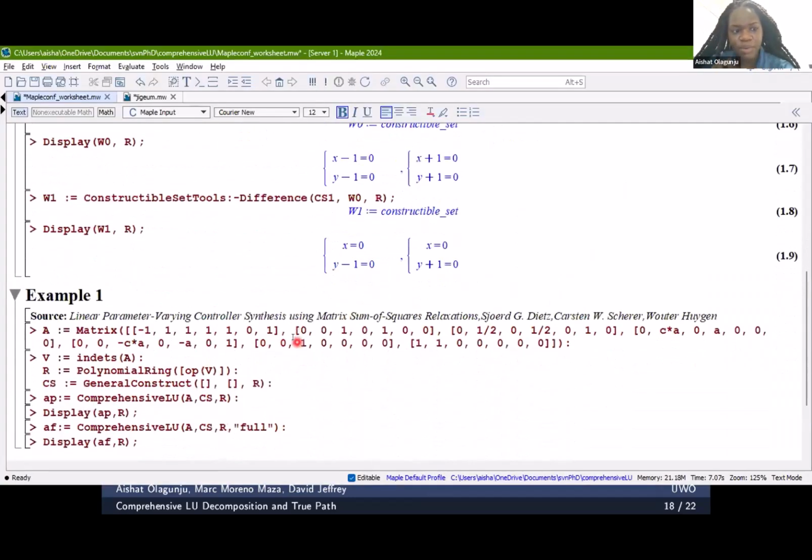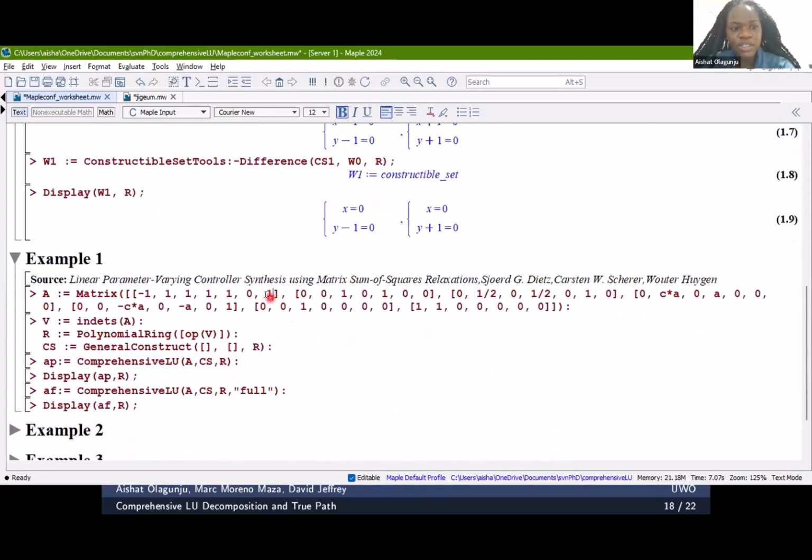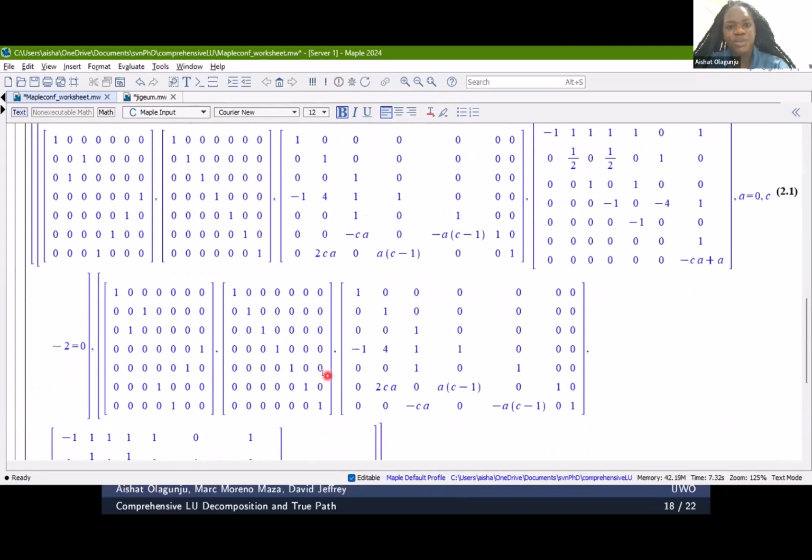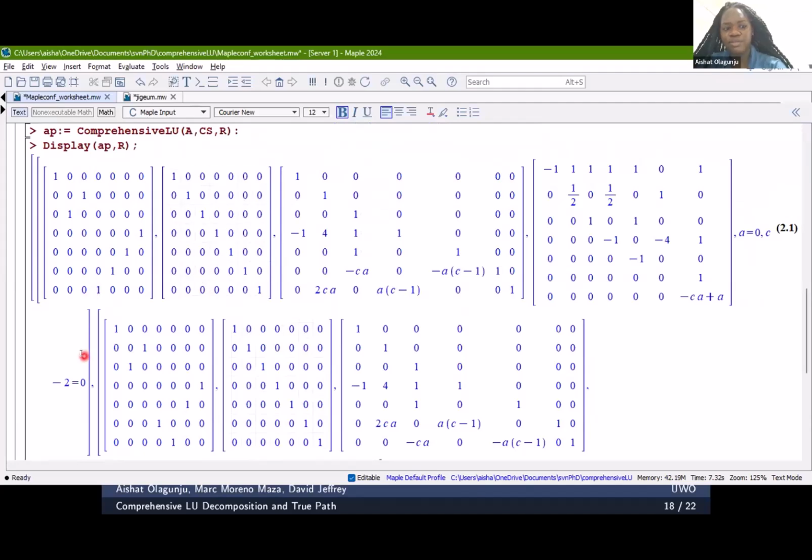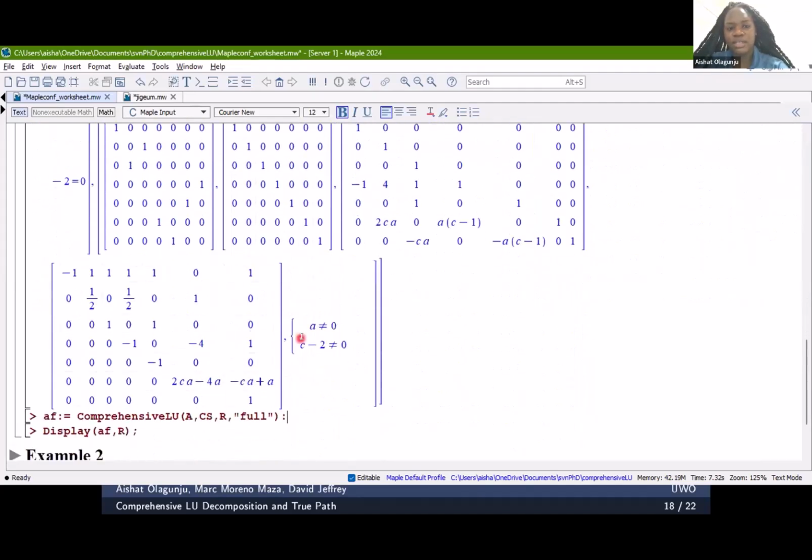To show you an example on the worksheet, this matrix is from this paper cited above, and we define that matrix A, we construct our polynomial ring and the given constraints, which is initially empty. We compute the comprehensive LU with partial pivoting, and we display that. We end up with two cases, this first branch, and then this second.